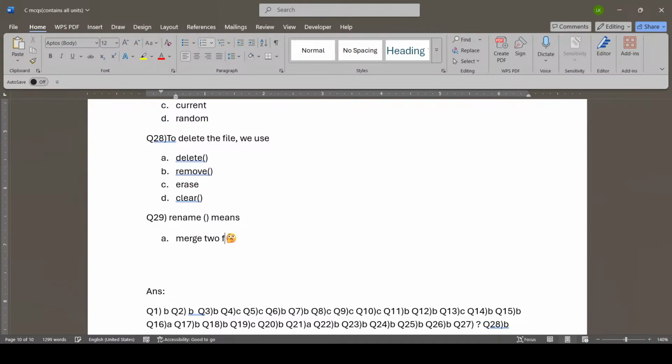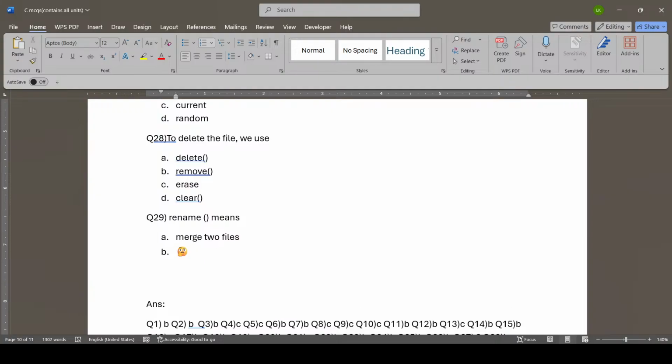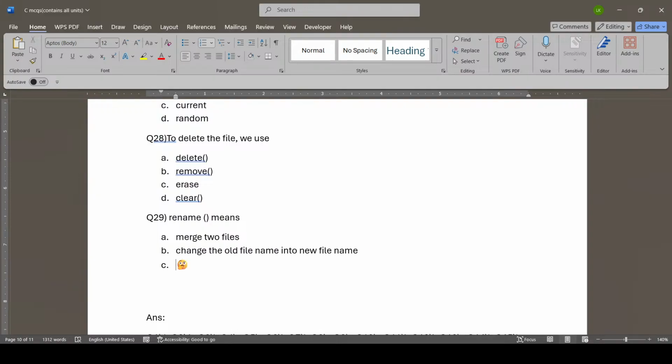Merge two files. Next is there, change the old file name into new file name. Next is there, delete the file name. Next is there, none. So which one is the answer here?